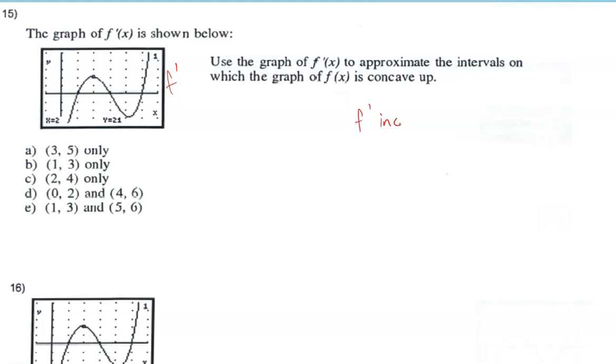Okay, so where is this graph increasing? Well, this graph is increasing here, and then it decreases, and then it increases again. So it is increasing on 0 to 2, and then it decreases from 2 to 4, and then increases again from 4 to 6. So our answer is D.